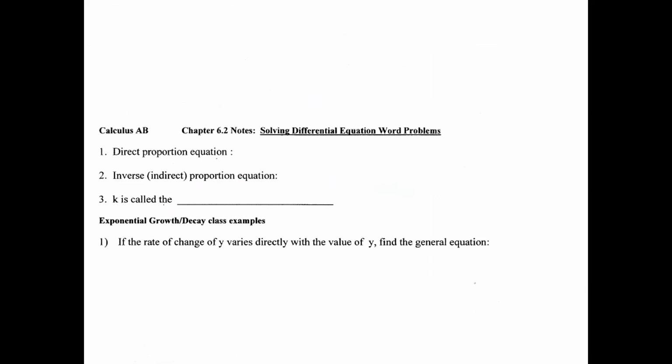So number 1, direct proportion speaks to you about y is equal to k times x. Inverse or indirect proportion is y is equal to k over x. K is called the constant of proportionality.